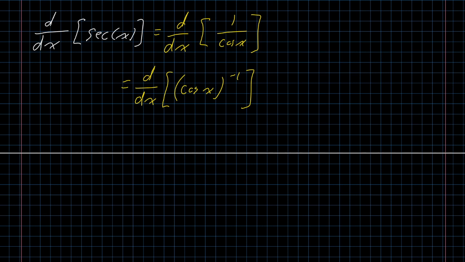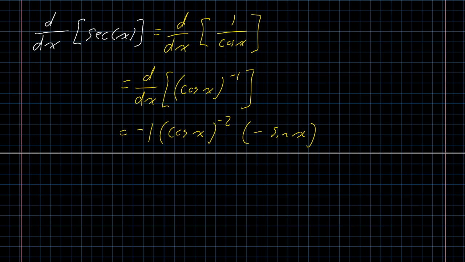The derivative here will be negative 1 times the function cosine x to the negative 1 minus 1, which is negative 2, times the derivative of cosine, which is minus sine.